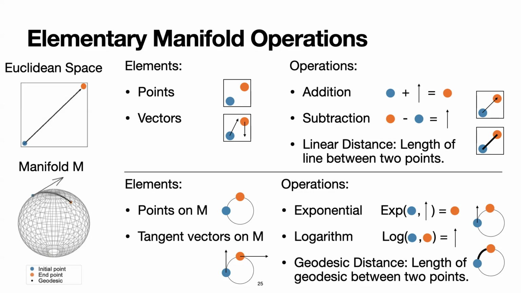Question? For this exponential operation, can I think of the direction of the vector as where I start from when I'm going to my new point, and the magnitude as how far I keep crawling along the surface? I think that's a really good way to think about the vector in the exponential.